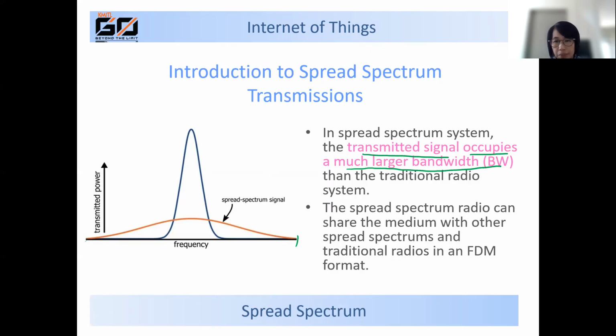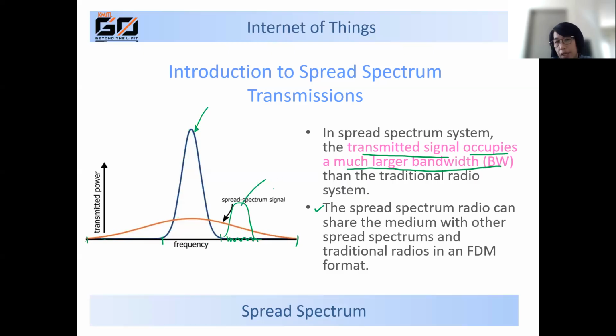You try to avoid the impairment by using a much larger bandwidth, like in this figure. Okay, and then the second bullet mentions that for a wider spectrum, it can still work with other existing technology. Because originally it is here, right? This is the original bandwidth. And then after you do the spread spectrum, it becomes wider. So it may share the same spectrum as another system.